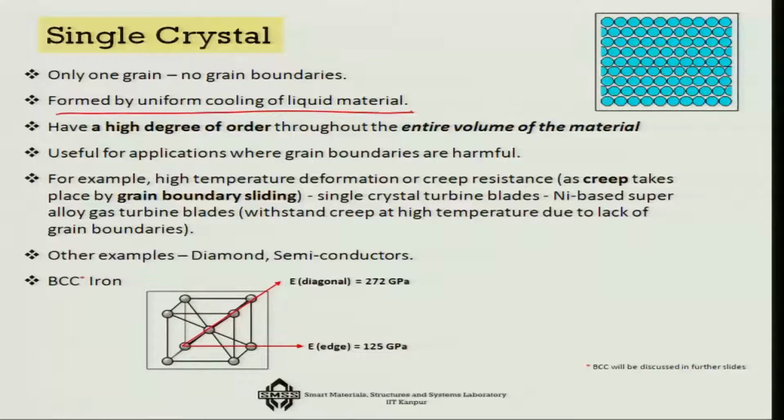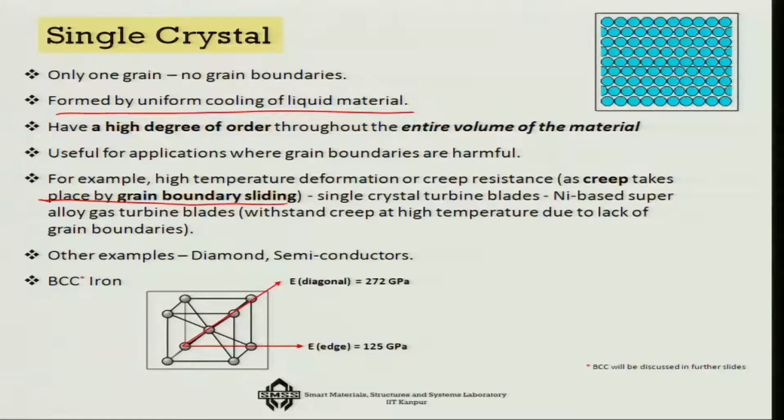The other one is in the aircraft industry. For example, I told you that creeping is a very crucial mechanical problem for turbine blades, which operate at a very high temperature along with a high stress level. So, creeping is a very critical problem in such cases. Now, creeping takes place by grain boundary sliding.